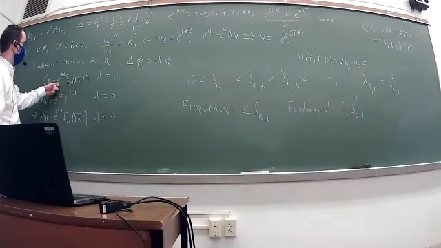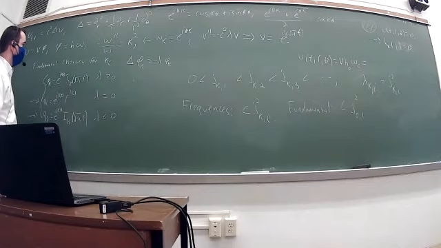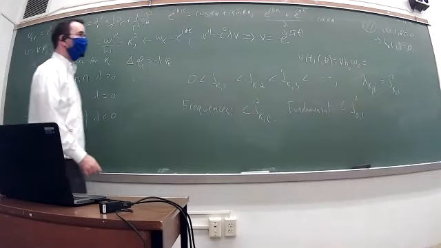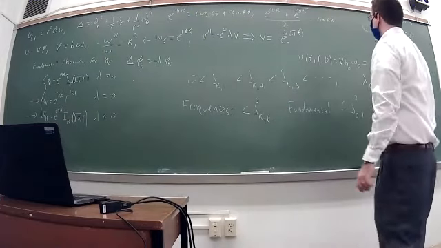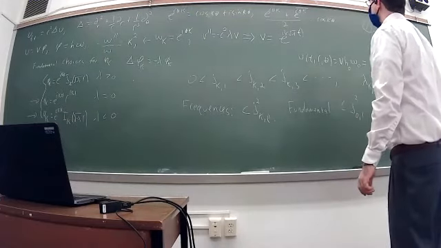So in this case, e to the i0 is 1, and I get the J0. And v is just v.